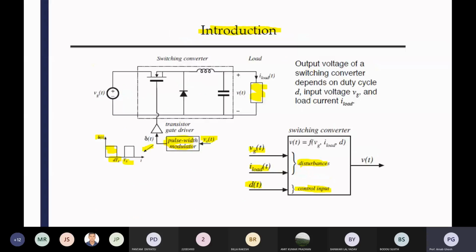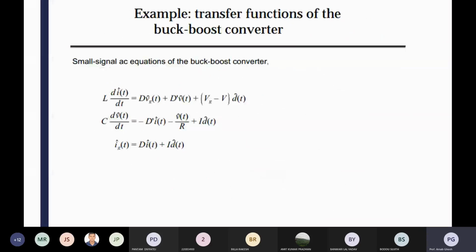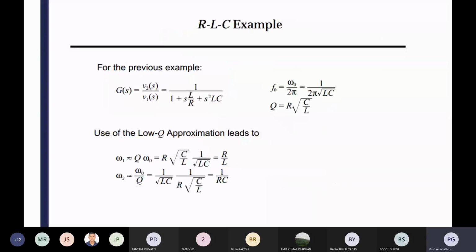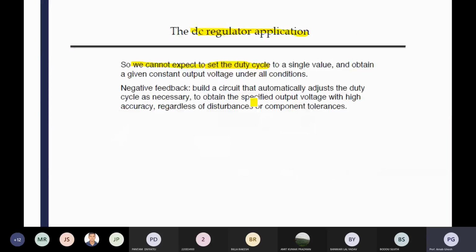Here you can see the regulation portion I have discussed, which is in my previous slide, the previous module.